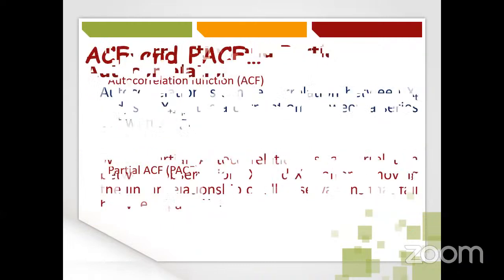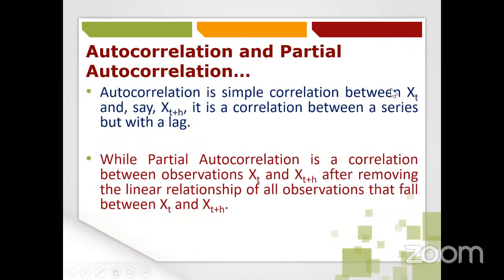Autocorrelation is simply a correlation between your observation x(t) and x(t+h), with a certain lag h, forward or backward. While partial autocorrelation talks about the correlation between x(t) and x(t+h), but after removing any linear relationship of all observations that fall between the two lag interval.